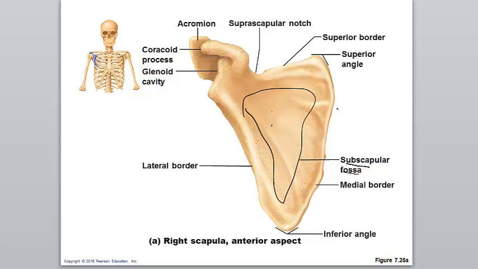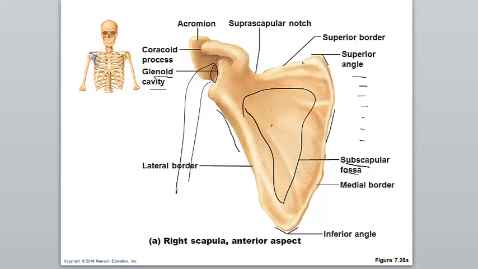The scapula has borders. So you have the medial border because the vertebrae is going to be over here. Hence the medial border is towards the midline. The lateral border is towards the humerus because your head of the humerus is going to sit and your arms are going to come off like that. The head of the humerus is going to sit in a shallow cavity called the glenoid cavity right over here.